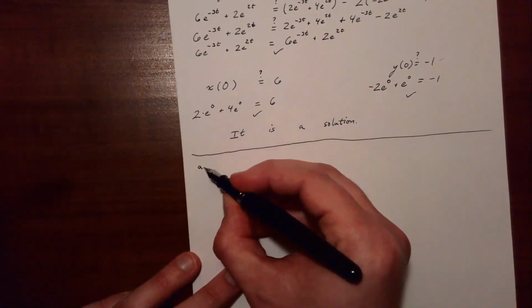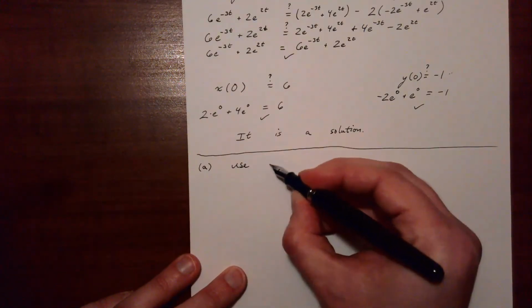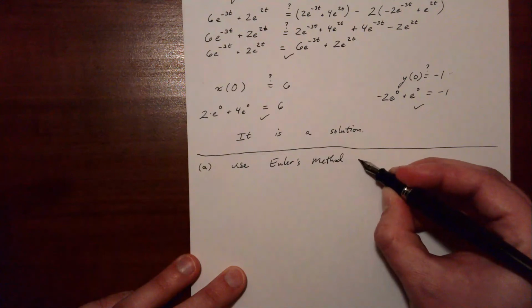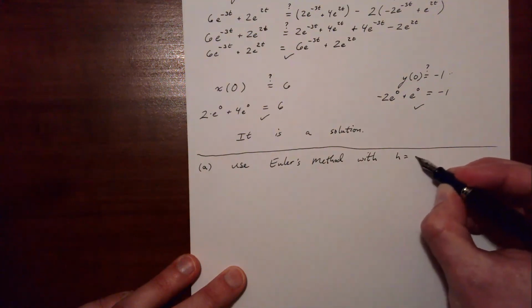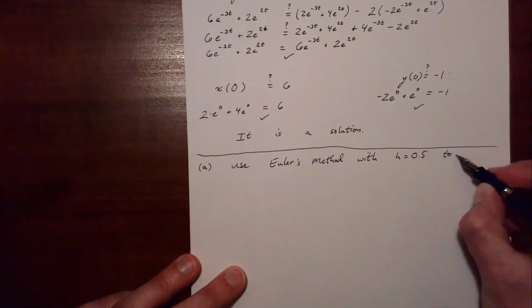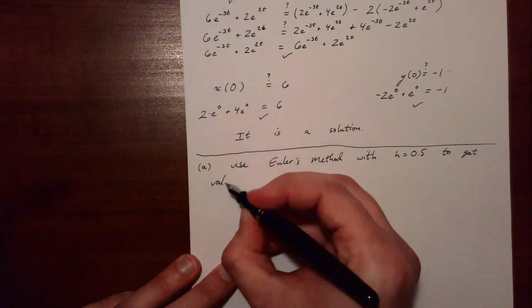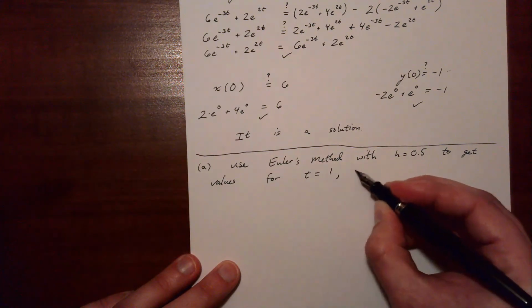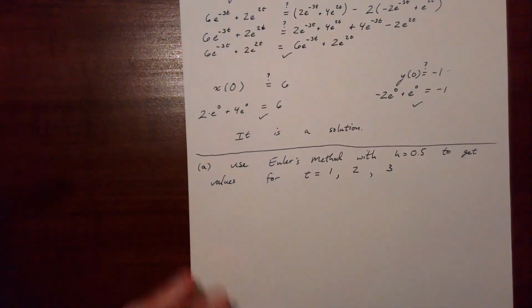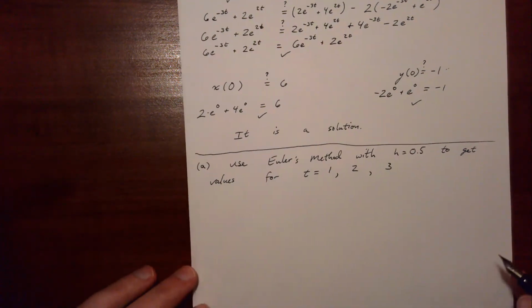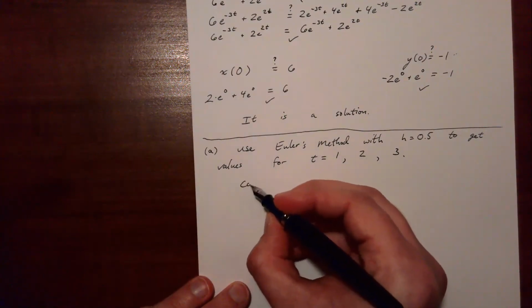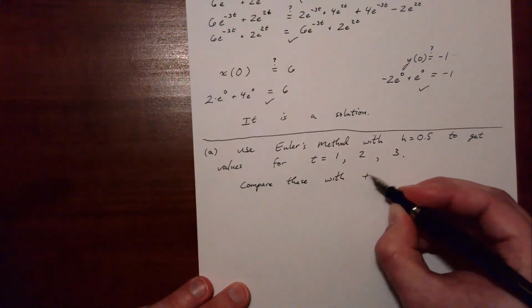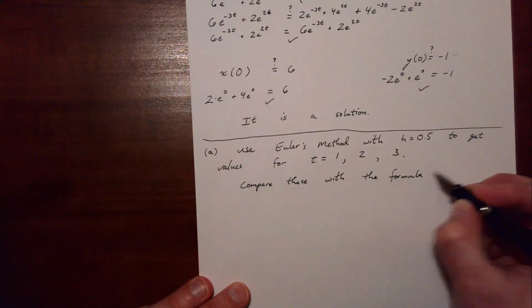So A. Use Euler's method with h equals 0.5 to get values for t equals 1, 2, and 3, let's say. And compare these with the formula.